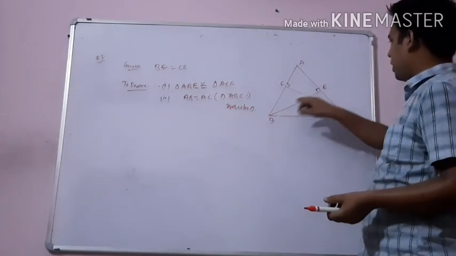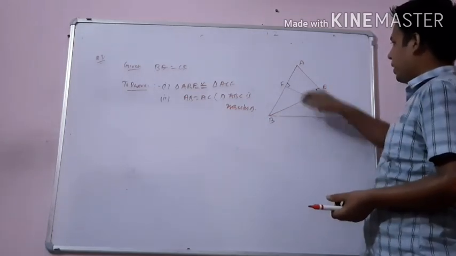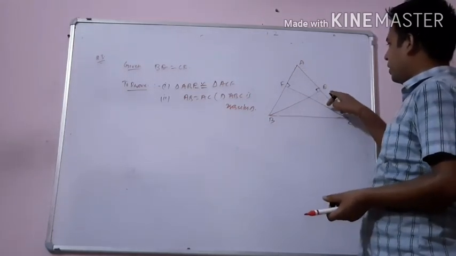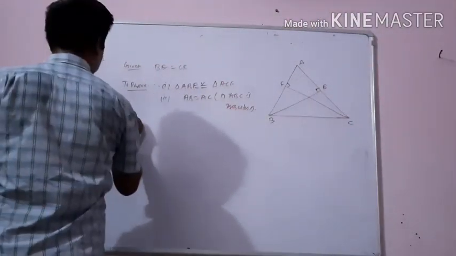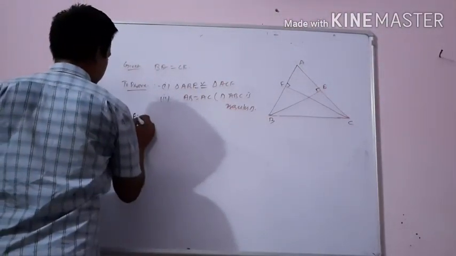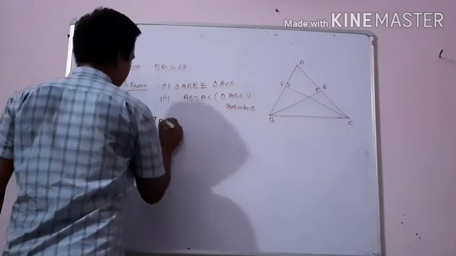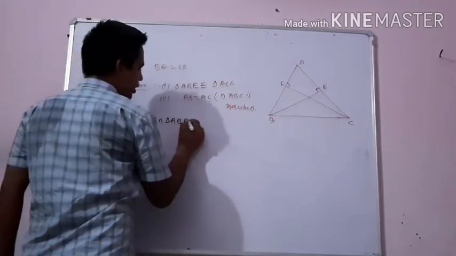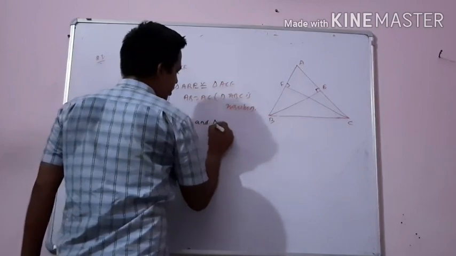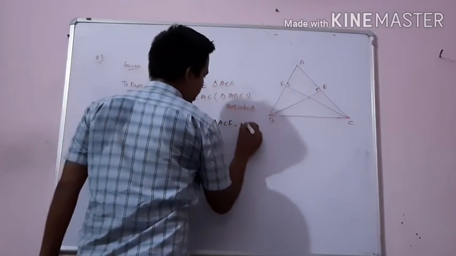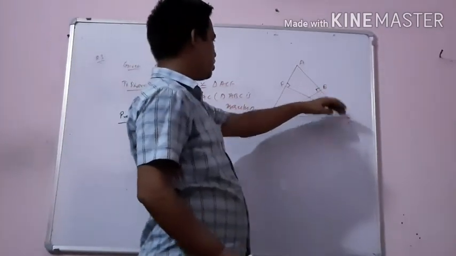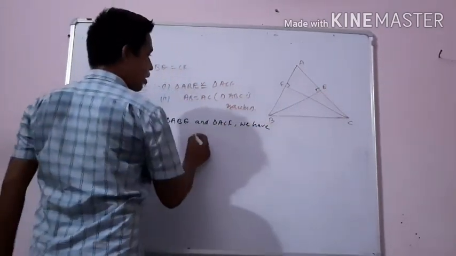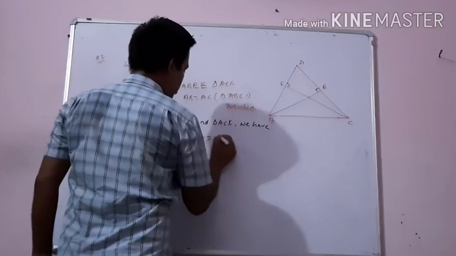In these triangles BE equals CF, and angle A is common, and angle E equals angle F, both are 90 degrees. So in the proof, what will you write? In triangle ABE and in triangle ACF, what do we have? First, BE equals CF.